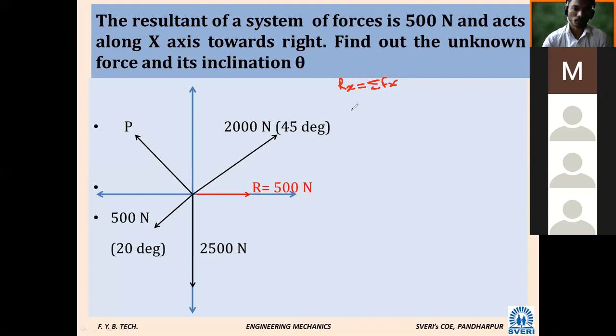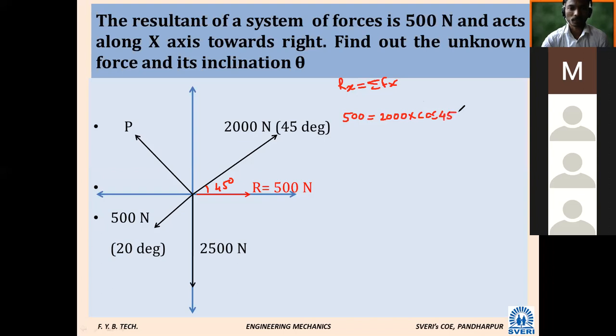The x component of resultant is 500. So 500 is equal to, which force will we take first? 2000 Newton. What will be its x component? 2000 into cos, what is this angle given? 45. So it will be cos 45.